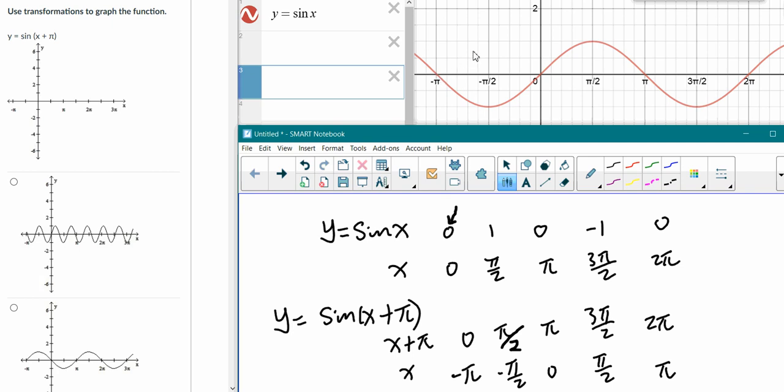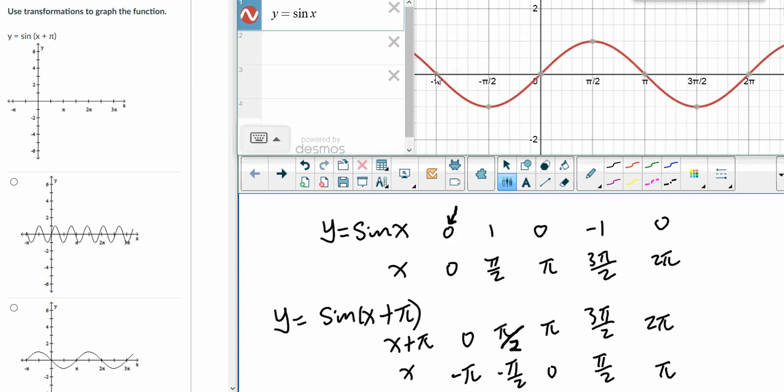So the graph will be like this. So 0, -1, 0, and -pi equals 0. So it's this point. You see? And then you have -pi over 2, 1. That point will be somewhere here.